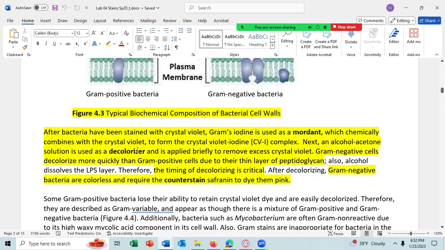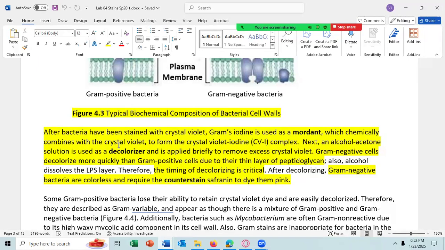Because if the decolorizer is left on too long, it will pull the crystal violet iodine complex out of the gram-positive cells. And yet, if it's not left on long enough, it will not pull the crystal violet iodine complex out of the gram-negative cells. So the decolorizing step of the gram stain is the tricky step.